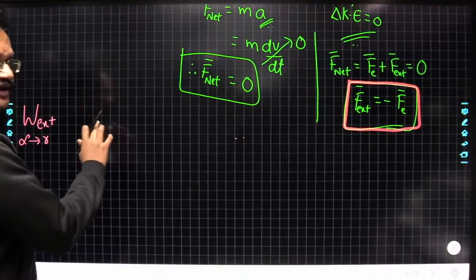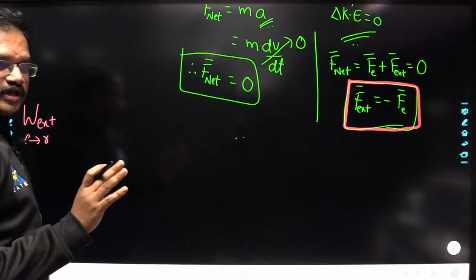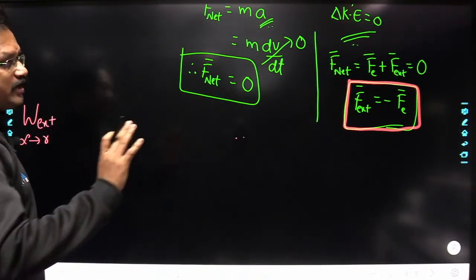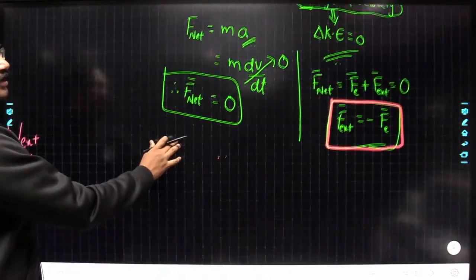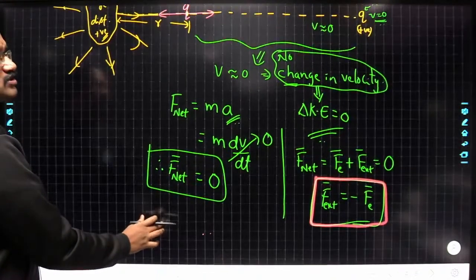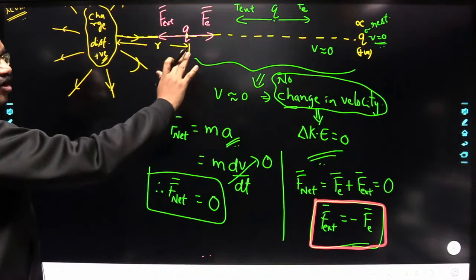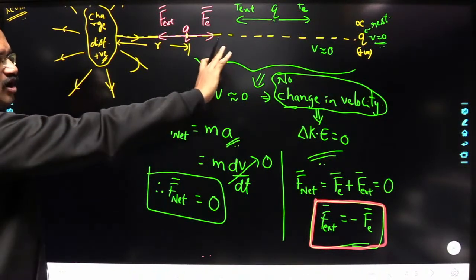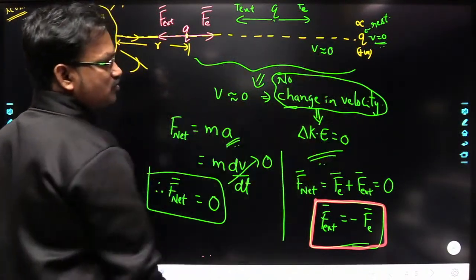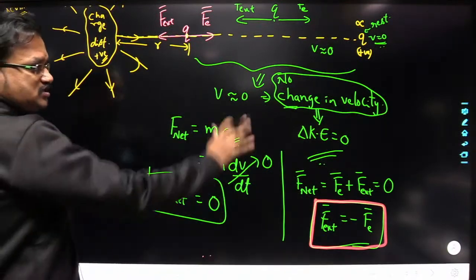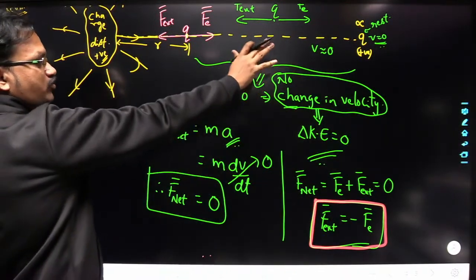I have explained case 1 and case 2. In case 1, we are moving the charge while maintaining a constant velocity, meaning the velocity is approximately equal to 0. This is the assumption and approximation we are making.